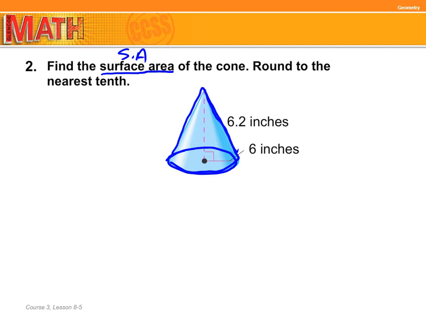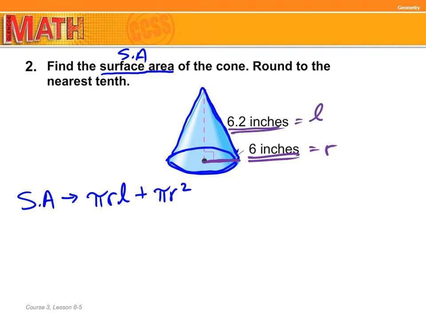So we're going to use the surface area formula, which is pi times radius times L plus pi R squared. And so we have our R. Let me erase here so we can see the radius. Again, it's going just to the middle, so that's going to be my R. 6.2 is going to be my L. So let's substitute. So I have 6 times 6.2, and let's not forget pi, plus pi times radius 6 squared.